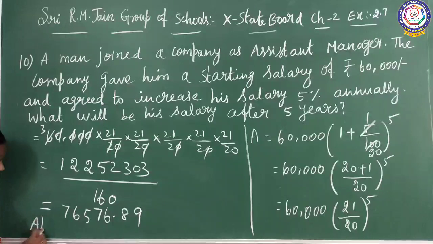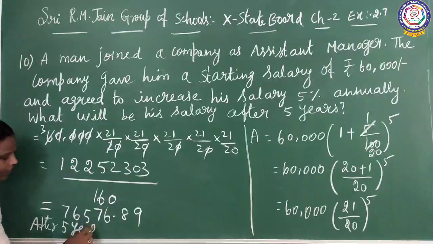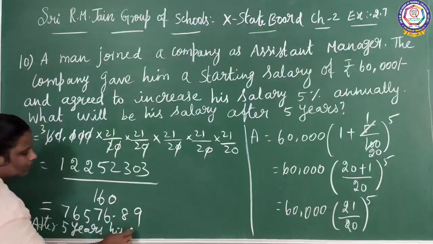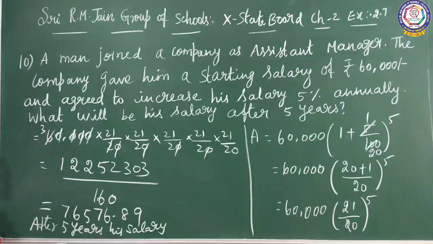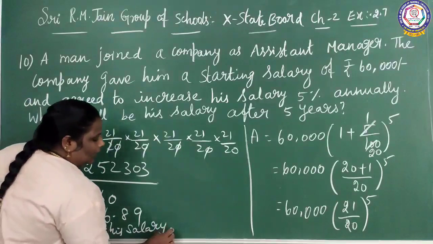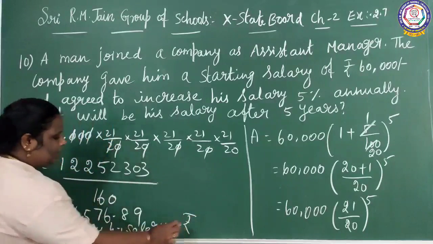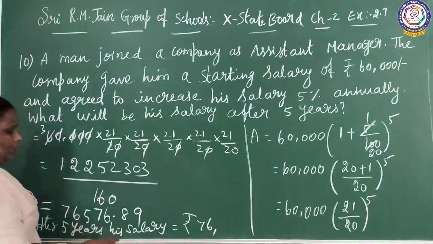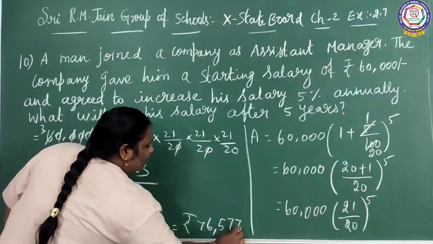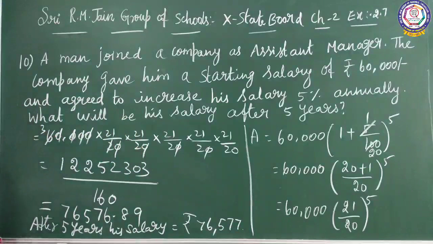After 5 years the salary is equal to rupees 76,577. After 5 years he will be getting this salary amount.